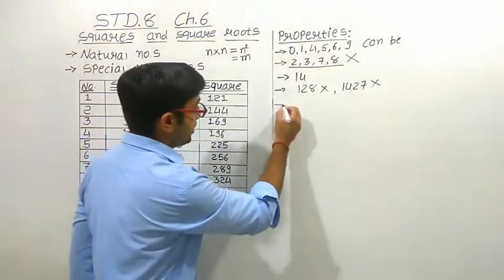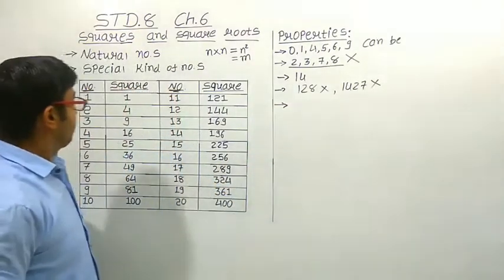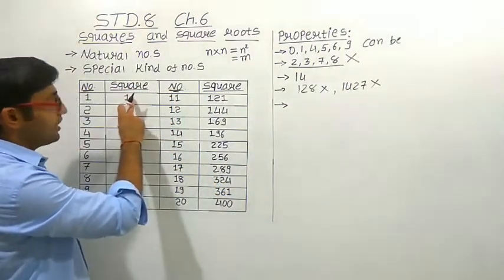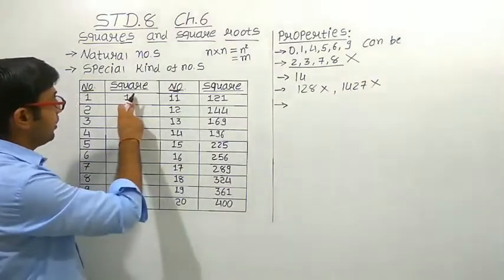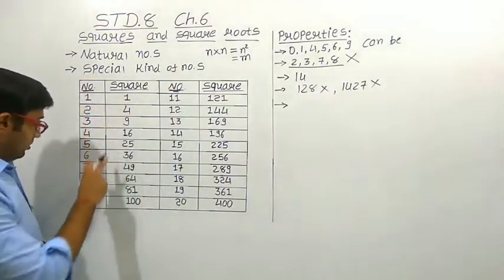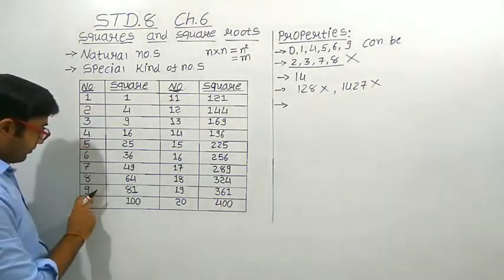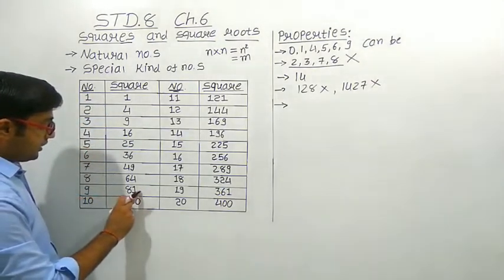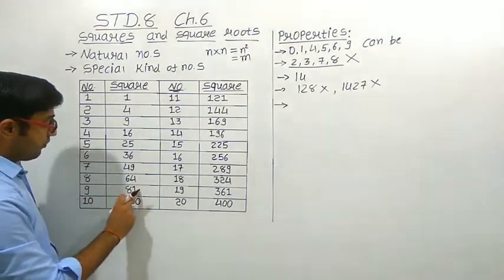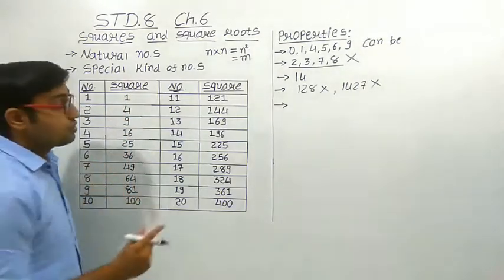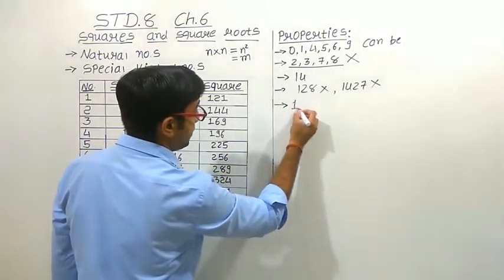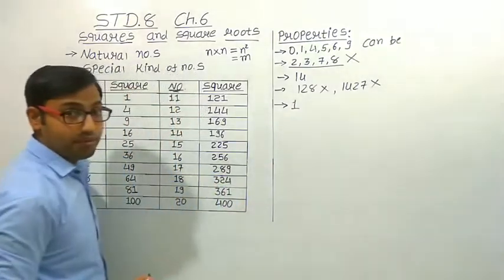Now notice here, see, if the unit place number is 1 or 9, what do we get at its perfect square unit digit? 1 and 1. So there is a 1 at the unit place of the perfect square number.